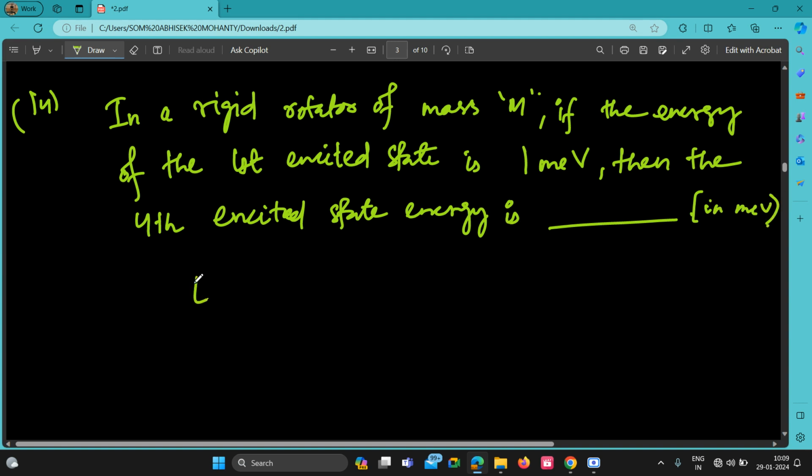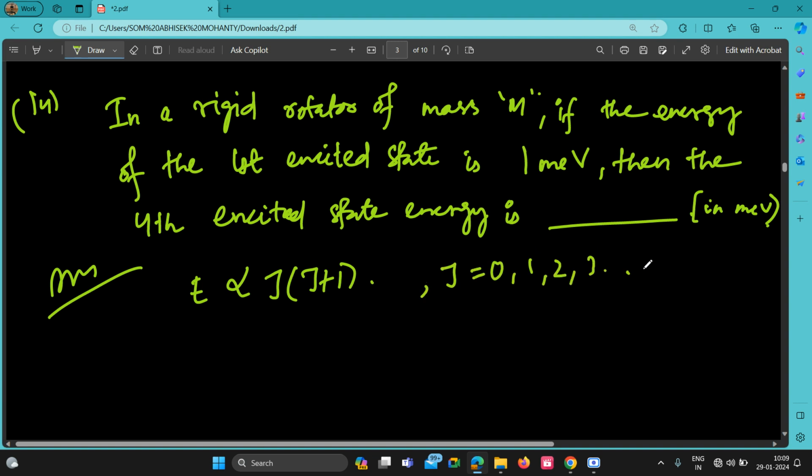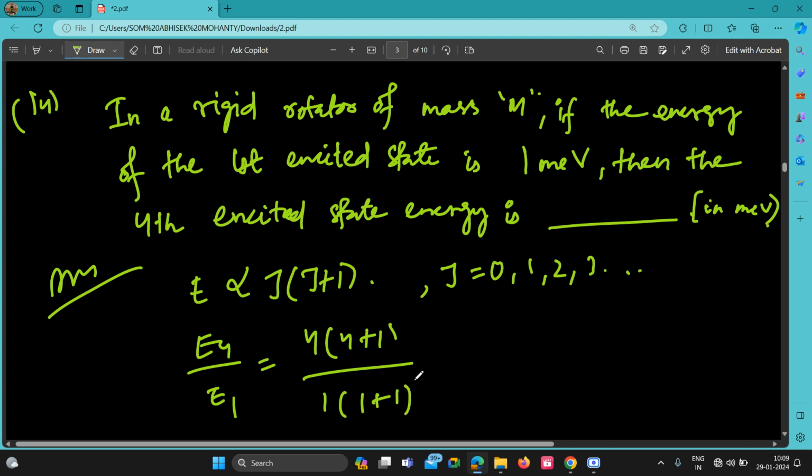We know E is proportional to J into J plus 1, where J is 0, 1, 2, 3. So E4 by E1 will be, for the fourth excited state, 4 into 4 plus 1 by, for the first excited state, 1 into 1 plus 1.